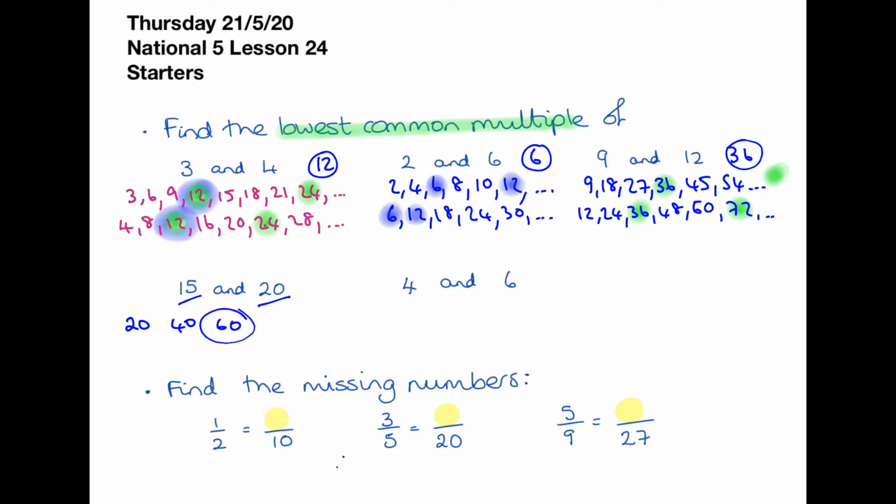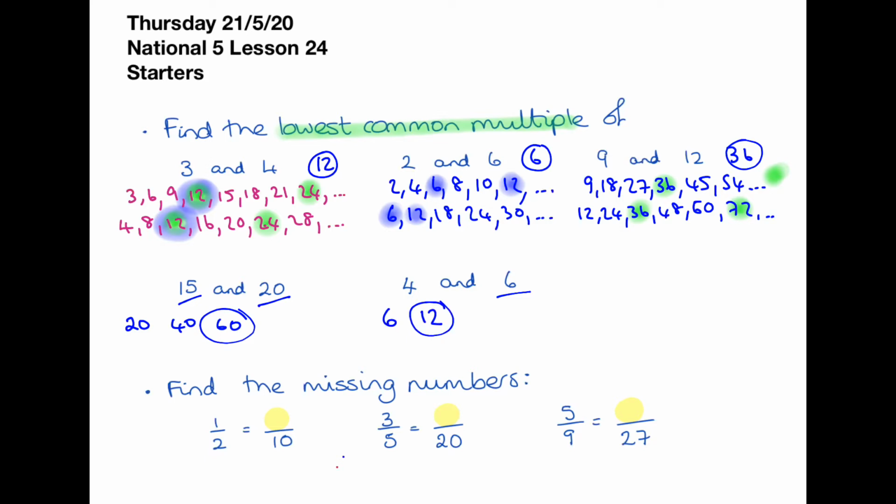And then 4 and 6, if we do it the same way, pick the bigger number and go up that times table until you find the first number that is in the 4 times table. So you've got 6, well 4 doesn't go into that, then it would be 12, and 4 does go into 12, so 12 is the lowest common multiple.